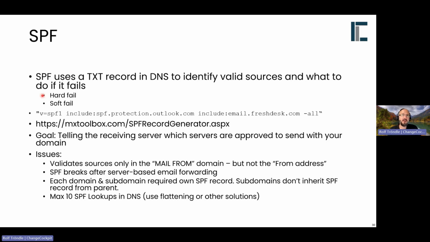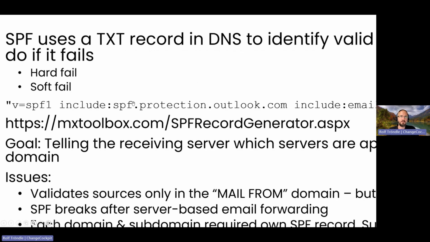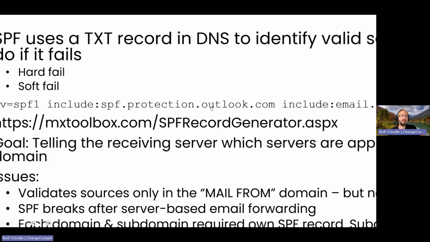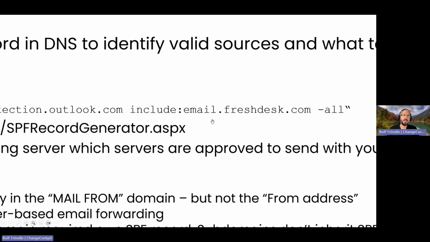You would specify the TXT record as v=spf1. That's always the same. And then you could use include:spf.protection.outlook.com. That's a reference, like a CNAME, to another SPF specified in that URL, and then you specify what to do.